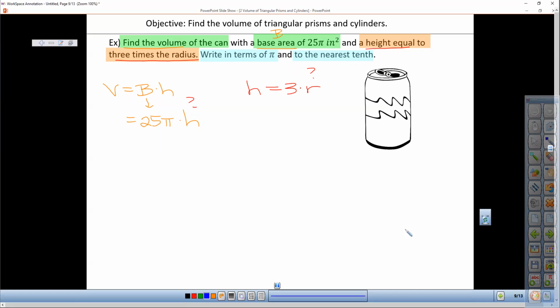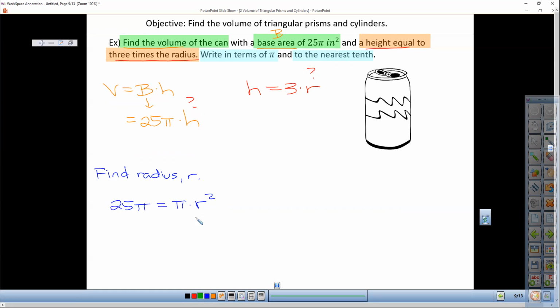So here's where it goes back to knowing how this base area for a cylinder is calculated, that this 25 pi came from the area of a circle formula. So to find that radius, which is our R, we have to know that our 25 pi is a calculation of pi times the radius squared.